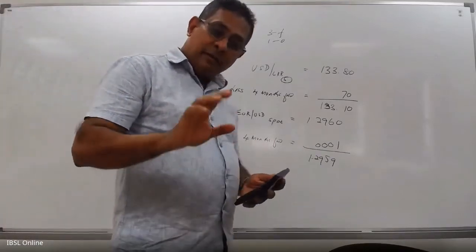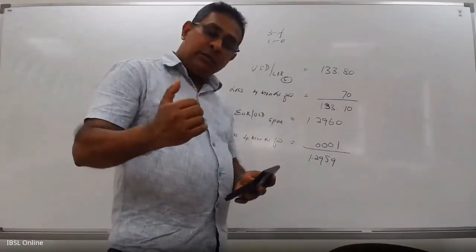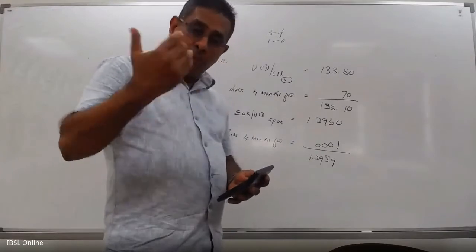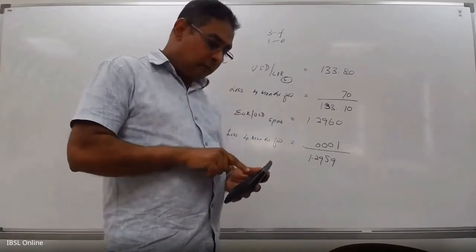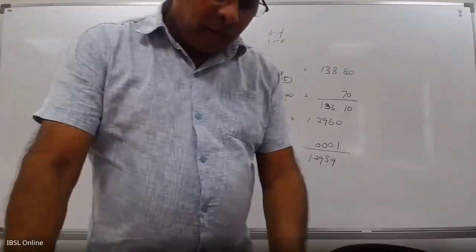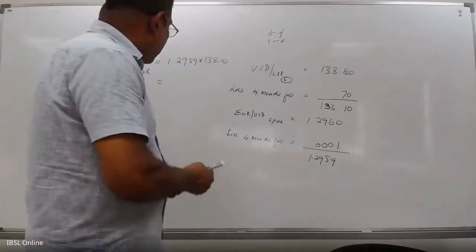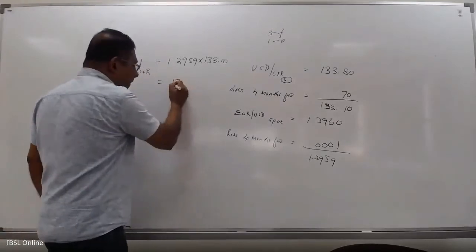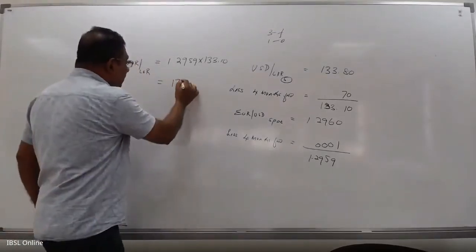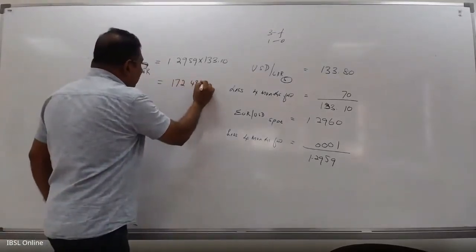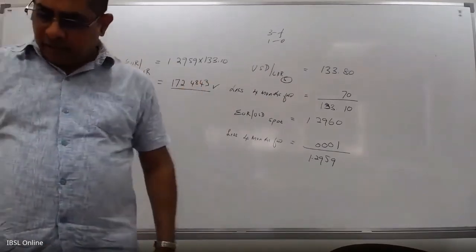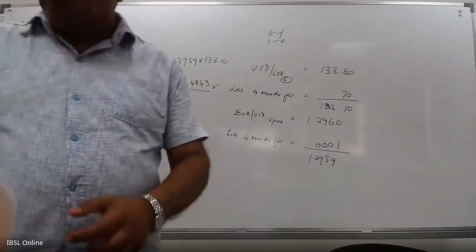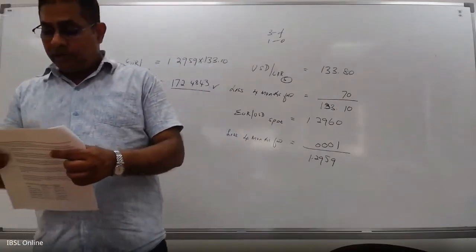So 9 is the 5th decimal point. Since it is 5 or more than 5, you add 1 to the 4th decimal place. So 172.4843. So this answer is supposed to be all right. That's the answer that I have got in the question notes as well.